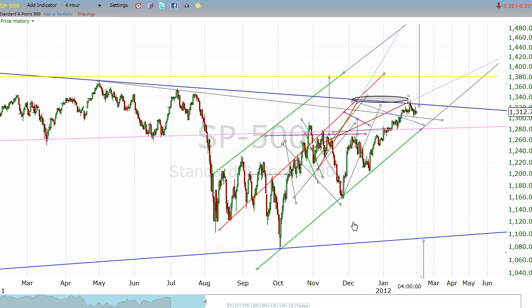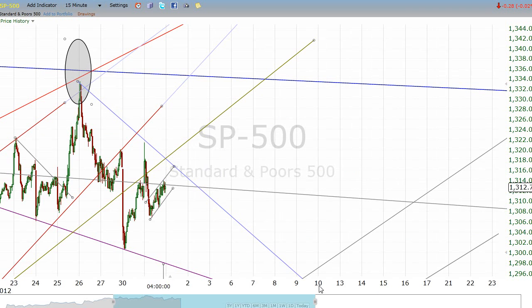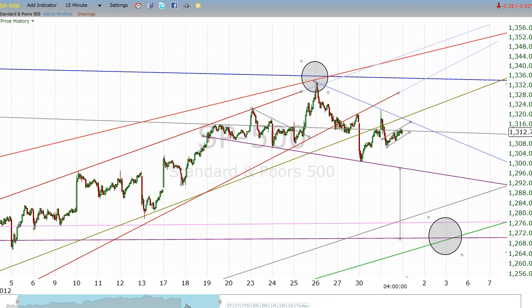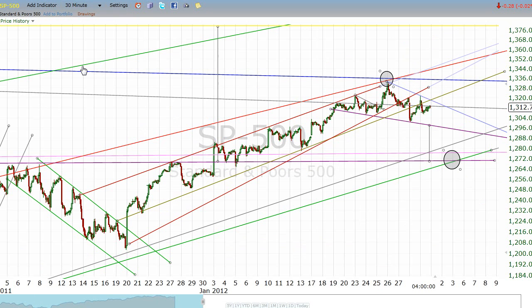And that has about 3 tests on it. So you can see that this little pattern that we're looking at here looks like it's gearing up for a test of support.